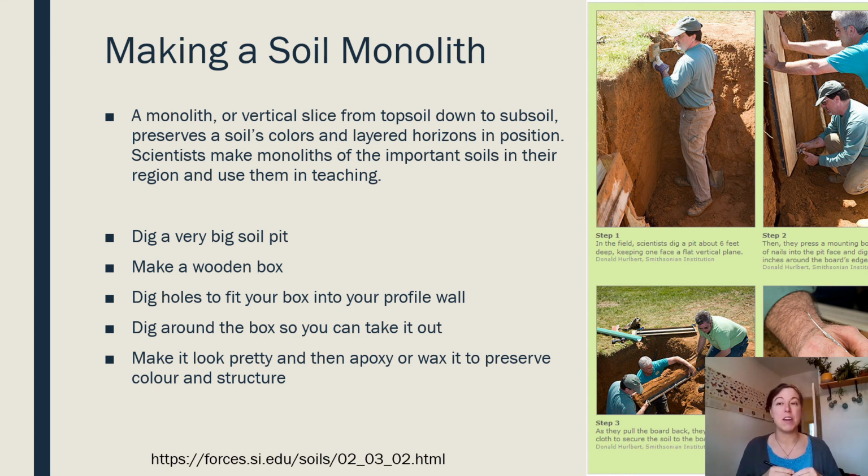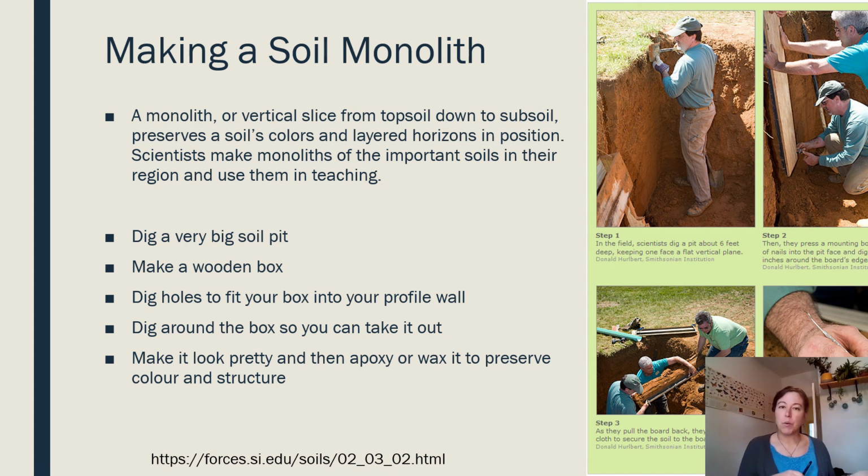So this is done traditionally with waxes. Now we use resins and epoxies, but it's preserved in a way so that the color stays. Because once you've cut into that profile, you lose all those colors. Any oxidization and reduction that had happened in that soil naturally is going to occur from the oxygen in the air. Any moisture that's giving color to that soil is going to get lost or gained.